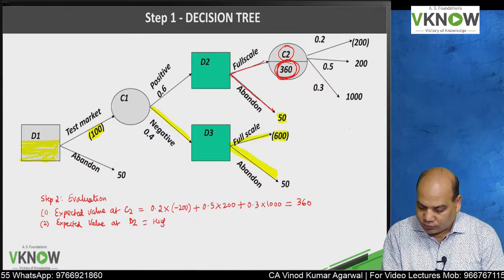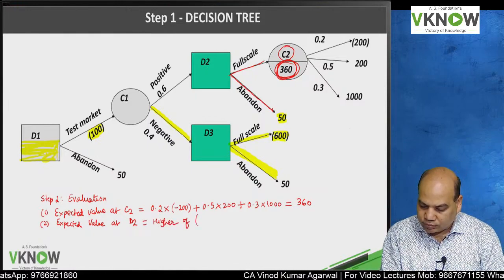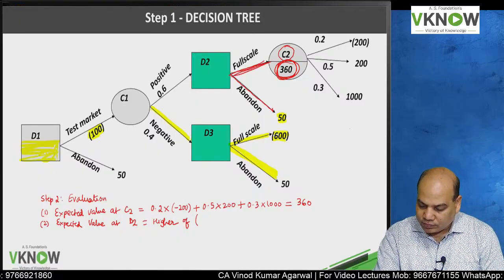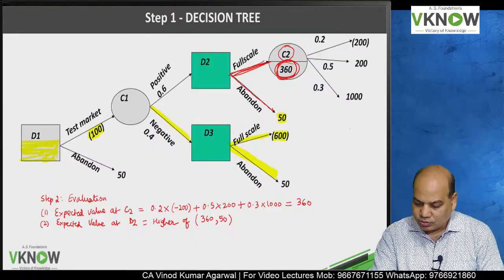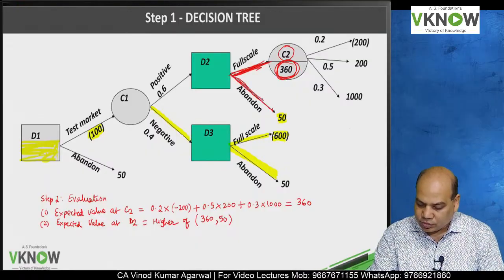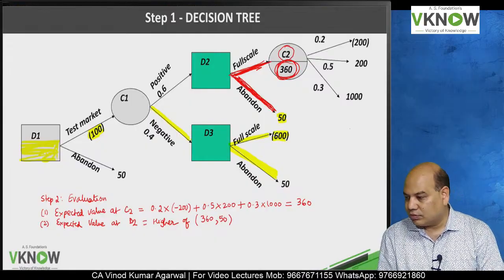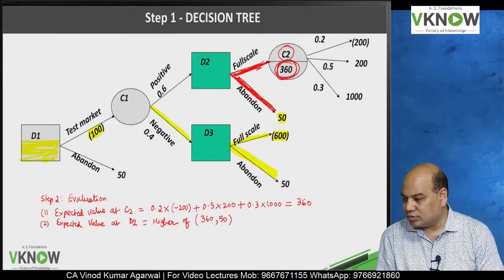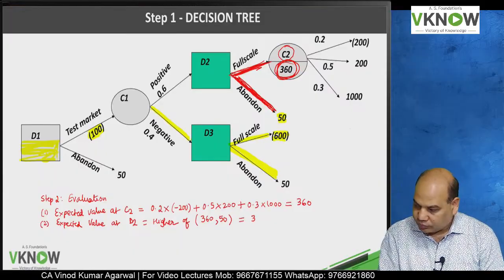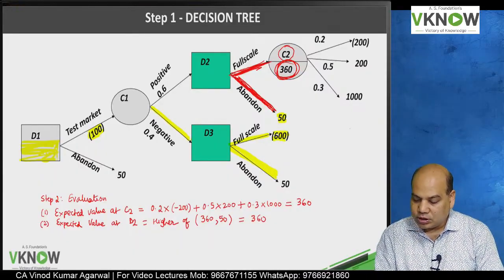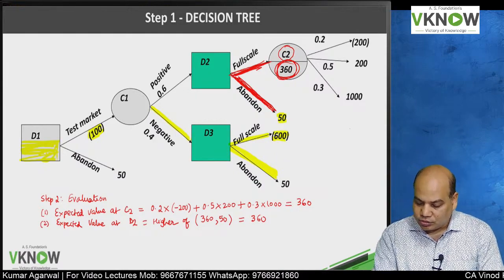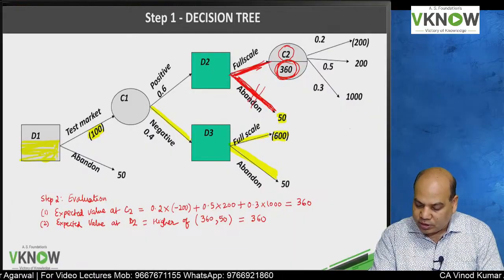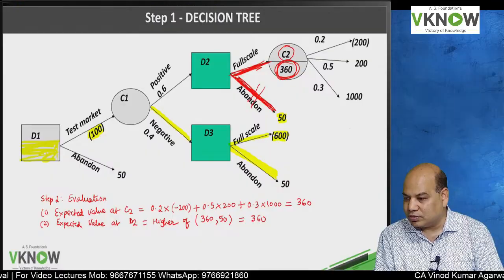It will be higher of: if we go for full scale, the value is 360; if we abandon, we'll get 50. 360 is right, which means if my result is positive, I'll go for full scale marketing. So the option to abandon we will cancel here.